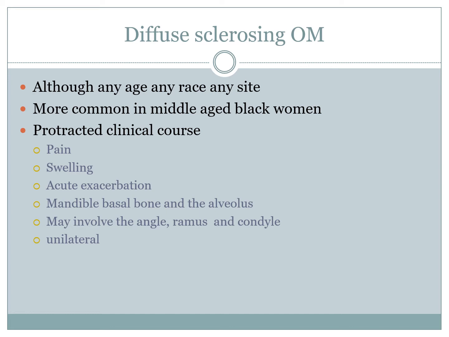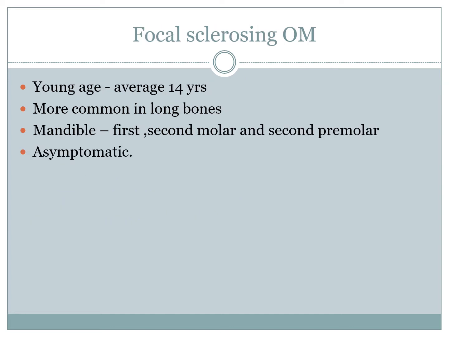It might be unilateral or sometimes bilateral. Focal sclerosing osteomyelitis is seen in young people, average age 14 years, more common in the mandible, at the first or second molar or second premolar, and it is asymptomatic.